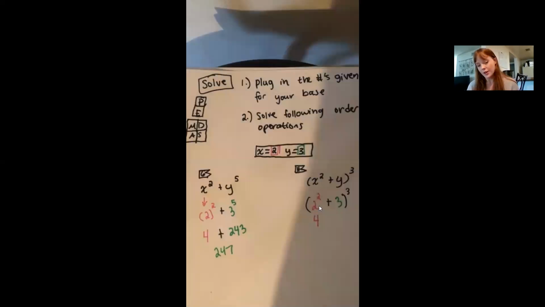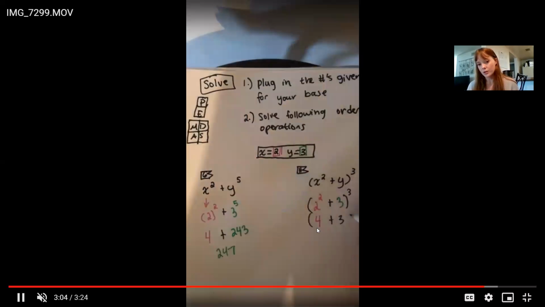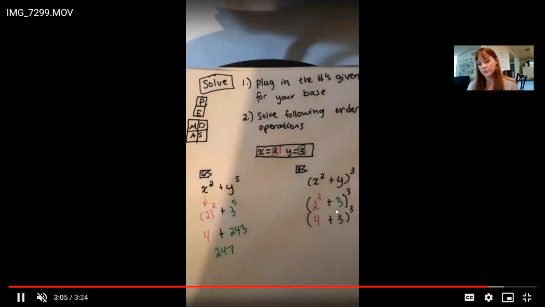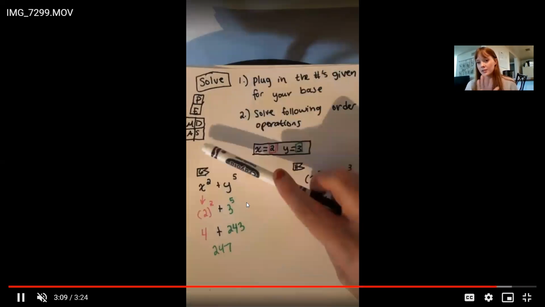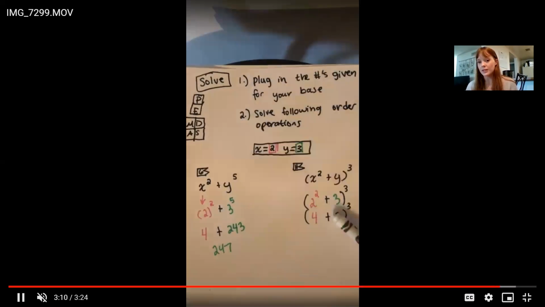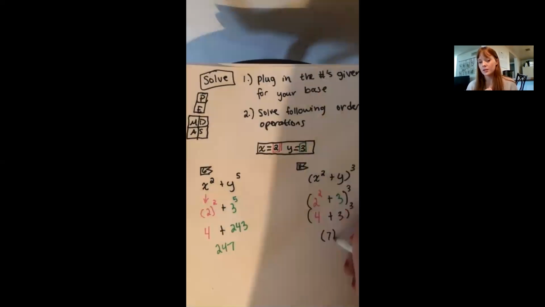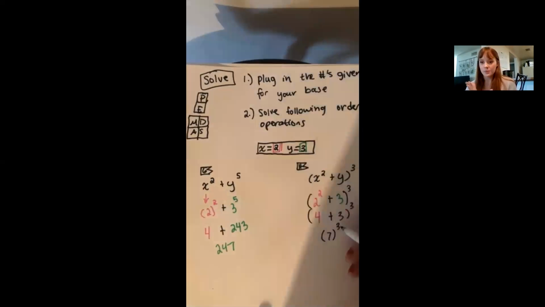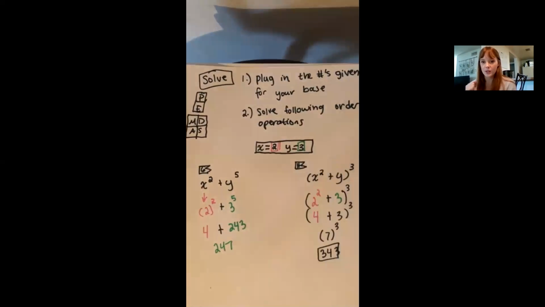So I evaluated that exponent first to get 4 and brought everything else down. I'm still not done simplifying the parentheses, so now I have to do that addition to get 7 raised to the 3rd power. Again, you can write it out as 7 times 7 times 7, or in your calculator you can do 7 raised to the 3rd power, and you should get 343.